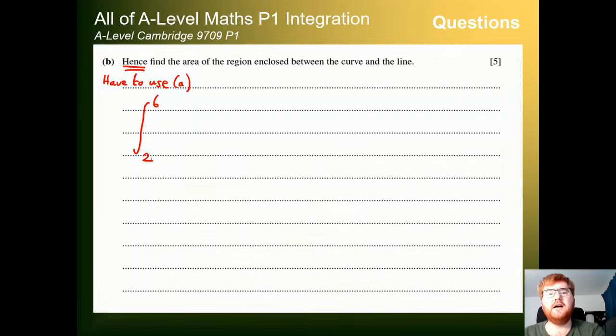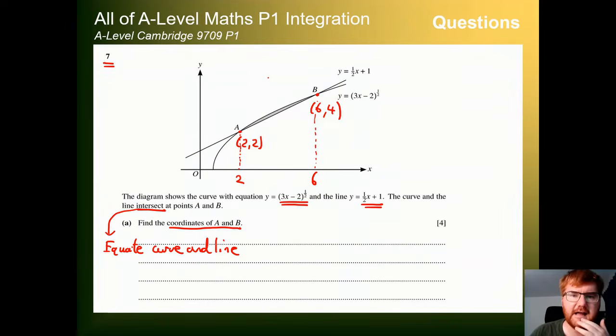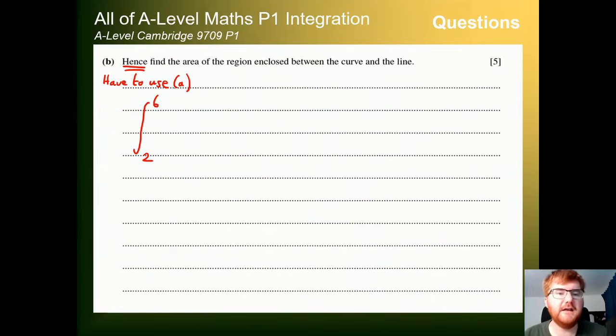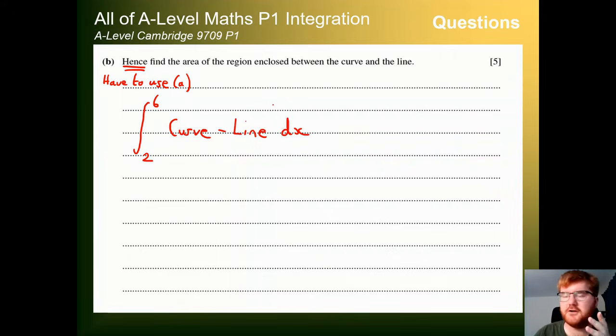Now we look at the diagram for our integration, and we see which one is higher than the other. Notice this curve at this part is bigger than the line. So when I come to do my integration, I want to do curve minus line. Higher function minus lower function gives me that area in between.